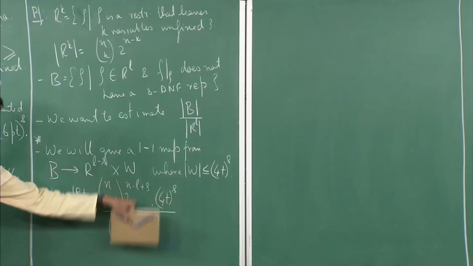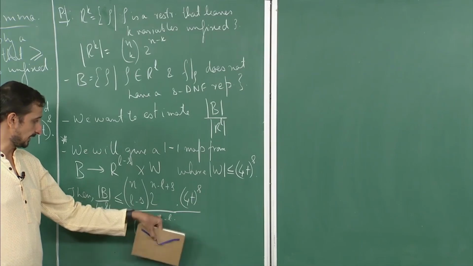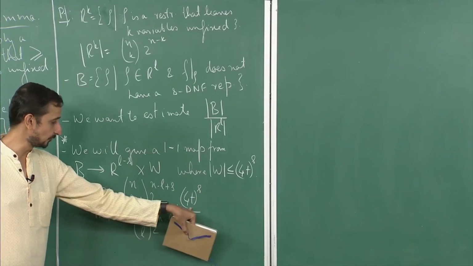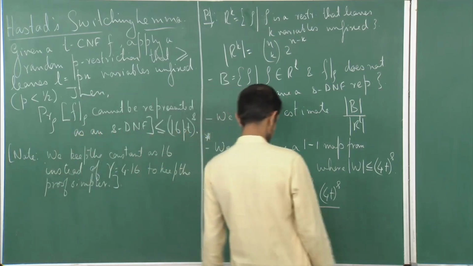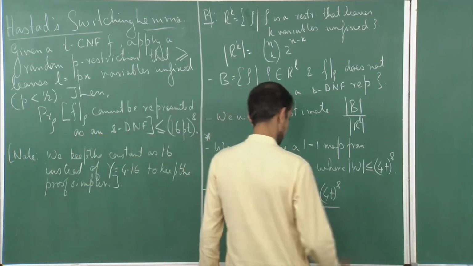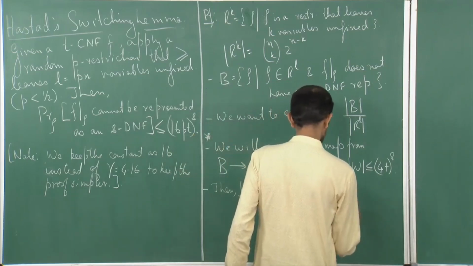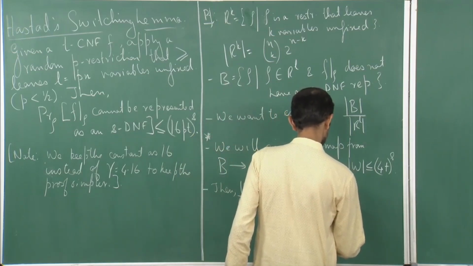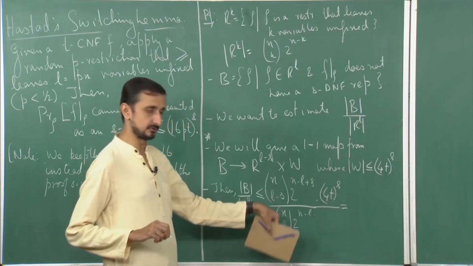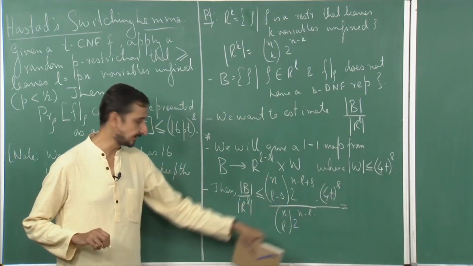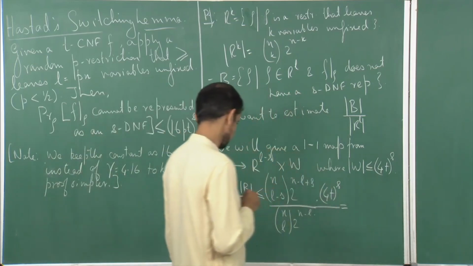These two cancel off, and I get a 2 to the power s term over here. And 2 to the power s into 4t to the power s gives me 8t to the power s. So that is one simplification. The other thing that I get here is, how can I write this ratio, that is n choose l minus s divided by n choose l? So this will be what?